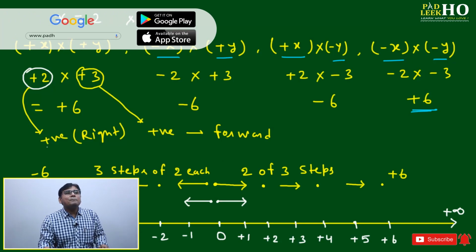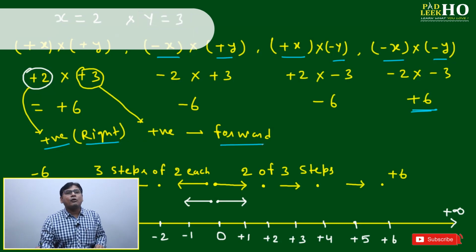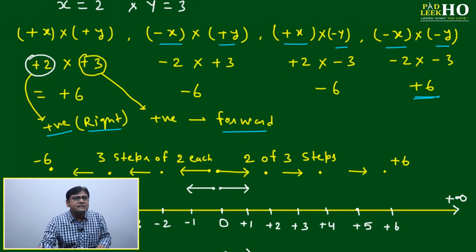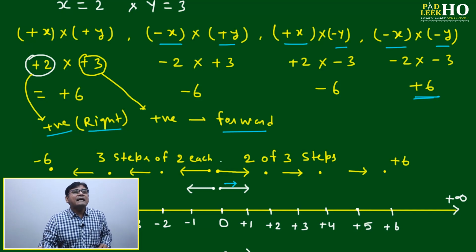Plus 2, here the sign is positive, meaning you have to go in the right hand direction. The second number, again the sign is positive, meaning you have to move forward. First you have taken this direction based on plus 2. Second number again positive, so you move in the same direction.